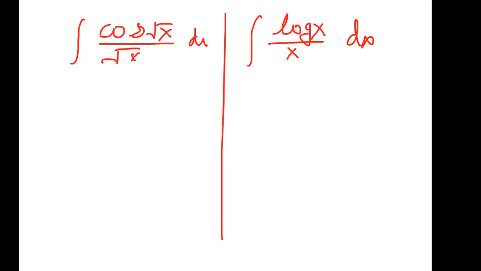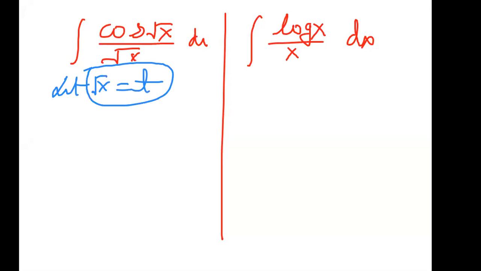The second question I have done in the previous class also. So try to solve these 2 questions. I'm writing one step for the hint. In this you will suppose root x as t, and in this you will suppose log x as t.